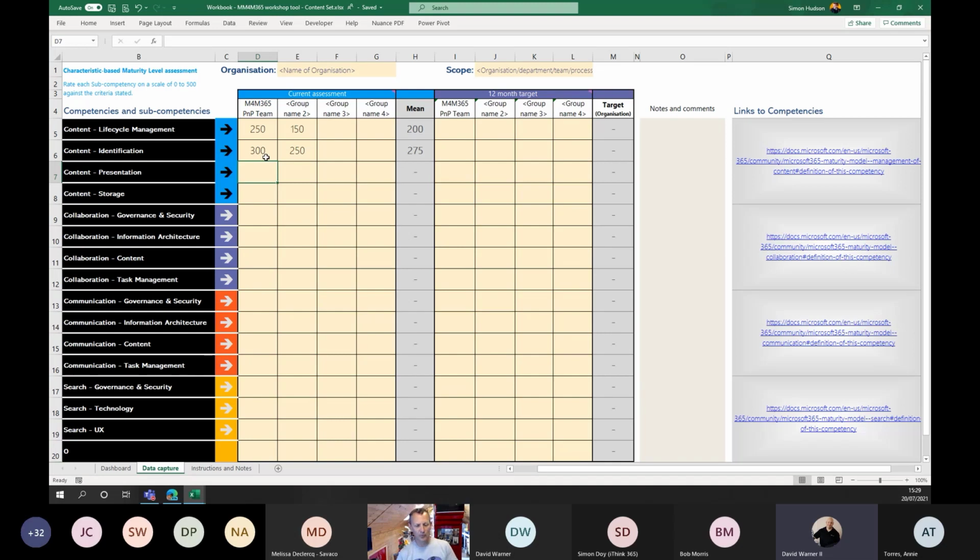How good are we at formatting and presenting the content we've got? Well, it's pretty good, but marketing have really nailed it, comms have really nailed it, operations are good, but sales are still a bit all over the place. So we might say we're coming at 280, and another group agree. And what about our storage strategy? Again, we'll do the conversation, and storage is really good.